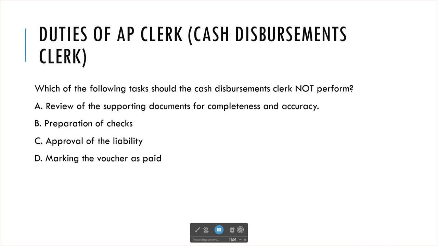Well, the one that they should not perform here is going to be the one in which they are approving the liability, because the things that Ray Kramer would be doing, and you will be doing within your SUA packet, is looking over the documents, checking again for completeness and accuracy. This is that second layer of controls, because we already checked things when we were creating the liability. We're checking them again when we're making the disbursement.